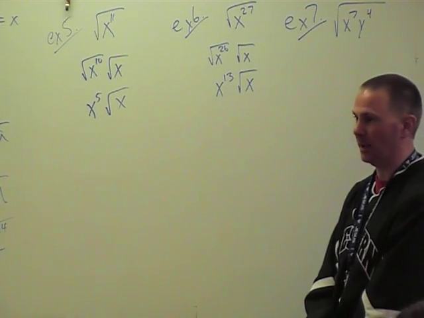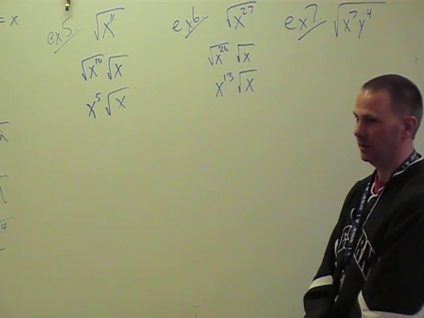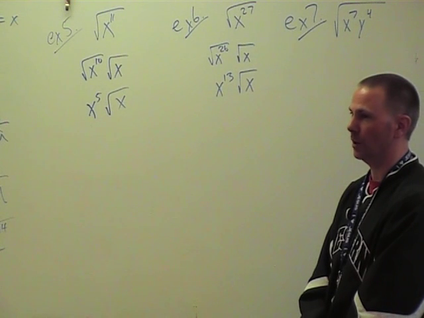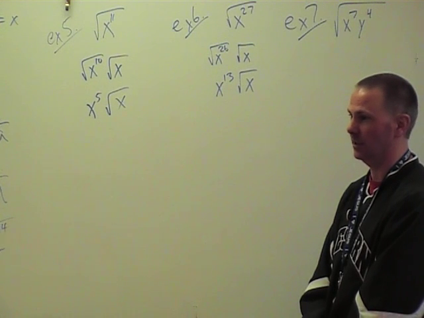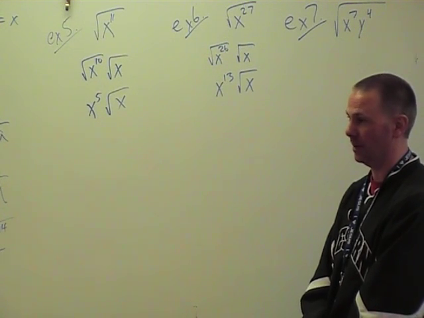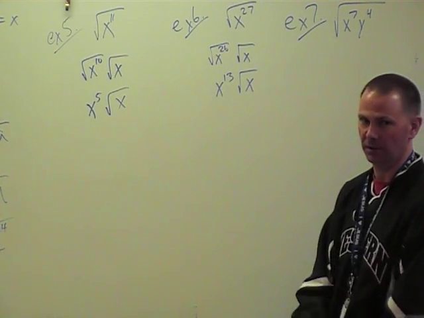Don't just be putting a radical around something just to do it. Square root of 16 is not the square root of 4. Square root of 16 is just 4 without the radical sign. Make sure you don't just put radicals in wherever.